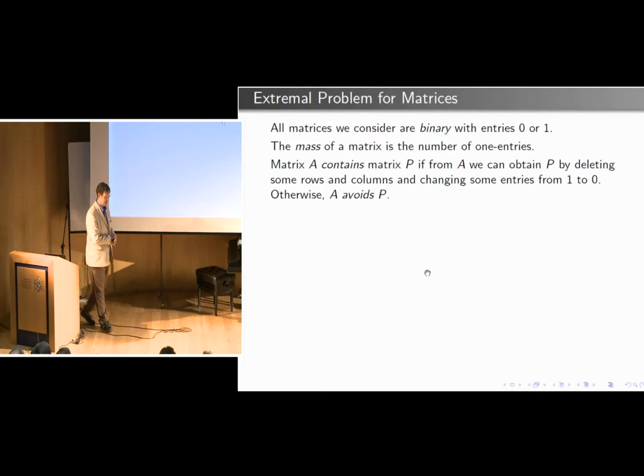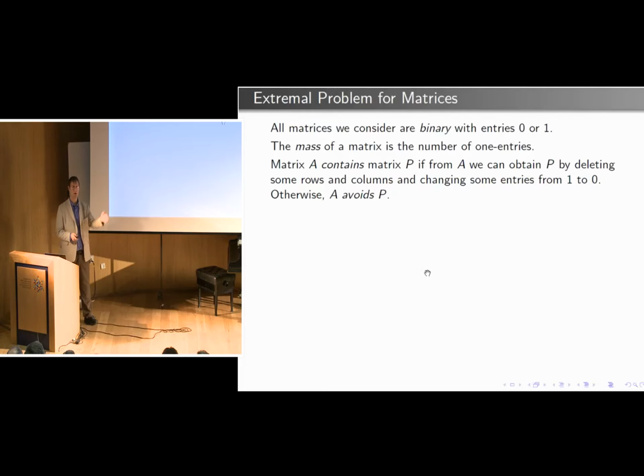Now we need a notion of matrix containment. A matrix A contains another matrix P if from A we can obtain P by deleting some rows and columns and changing some entries from 1 to 0. This is very similar to graph containment and looking at the adjacency matrix. You can view a matrix P as a bipartite graph.